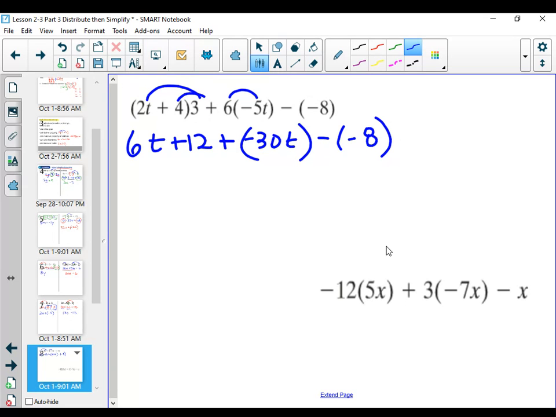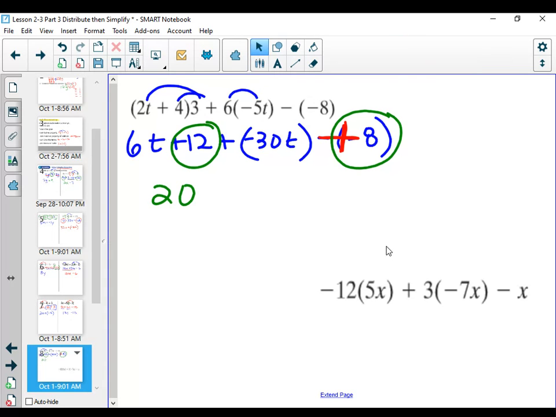You can't not eat lunch today. You can eat lunch today. Minus negative 8, positive 8. So what can go together? Well, 12 regular numbers can go with 8 regular numbers. 20.